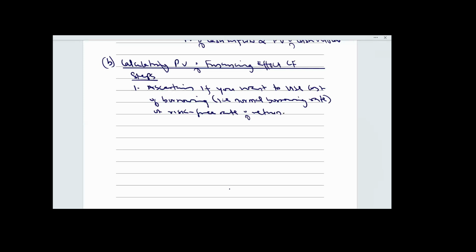Once you have established this from the beginning, you should know you are not using the company cost of capital. It has to be either cost of borrowing or risk-free rate of return.